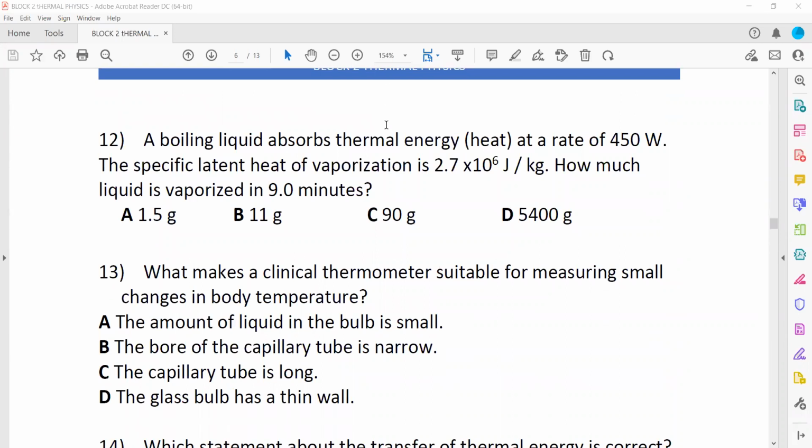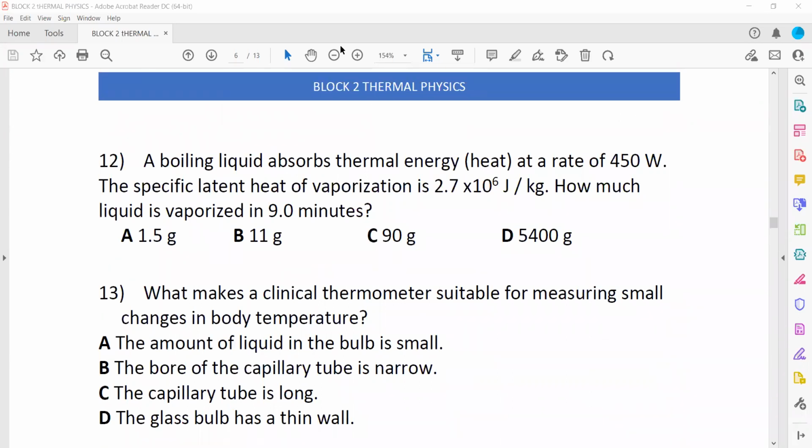A boiling liquid absorbs thermal energy at a rate of 450 watts. The specific latent heat of vaporization is 2.7 into 10 power 6. How much liquid is vaporized in 9 minutes?